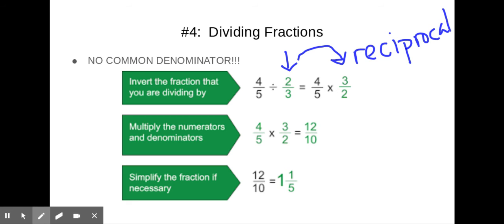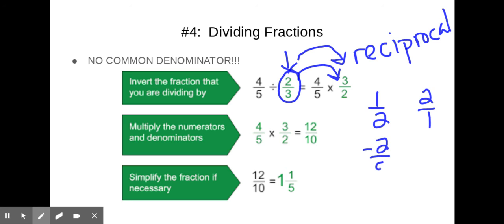So when I flip a fraction, it's the reciprocal. If it's 2/3, it's going to be 3 over 2. If I had the fraction 1/2, the reciprocal is 2 over 1. If I had the fraction negative 2/5, the reciprocal is negative 5 over 2. So you're flipping the fraction.